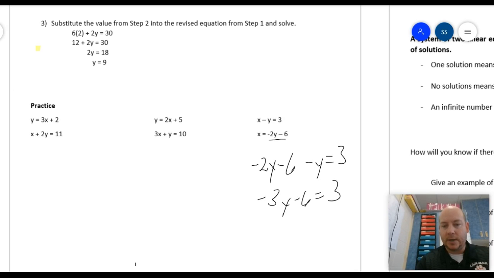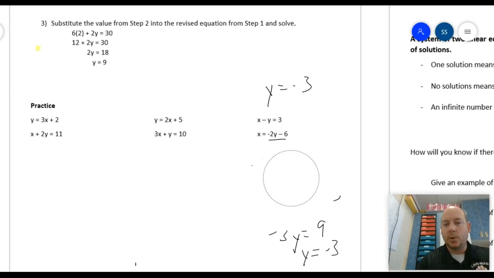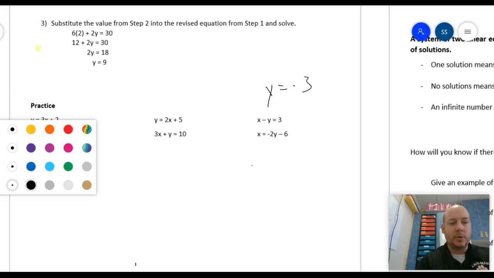Add 6 to both sides to get 9. Divide both sides by negative 3. Right, so I know my y value is negative 3. Okay. Now I can solve my x value. Right, it doesn't matter which one you picked. We saw that with the previous problems.